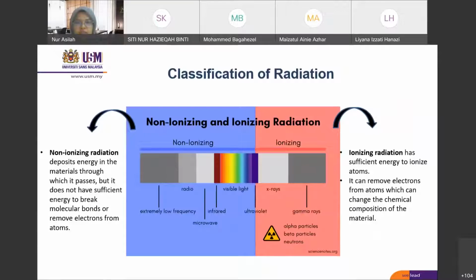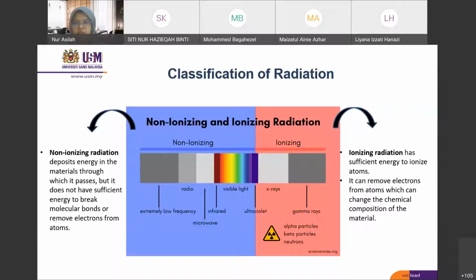Okay, radiation can be classified into non-ionizing and ionizing radiation. Non-ionizing radiation deposits energy in the materials, but it does not have sufficient energy to break molecular bonds or remove electrons from atoms. Examples of non-ionizing radiation are radio wave, microwave, infrared, and more.